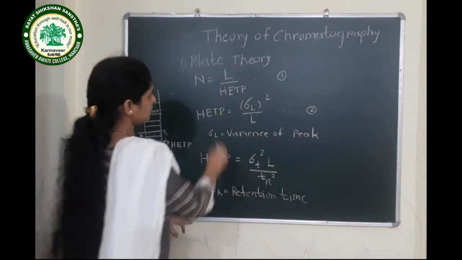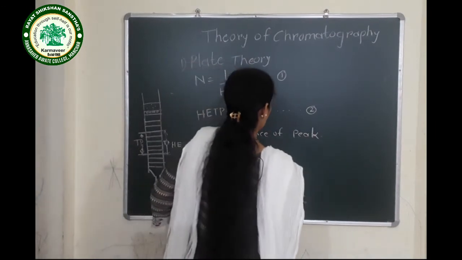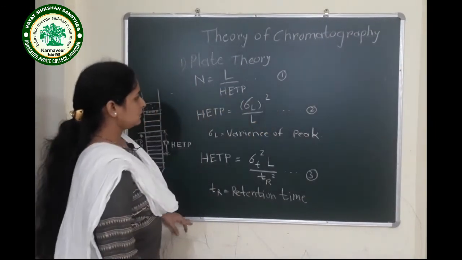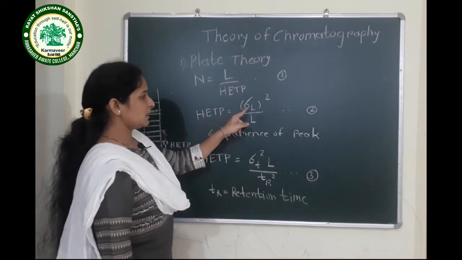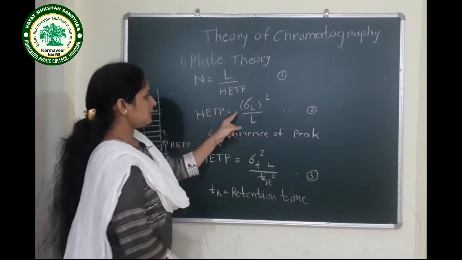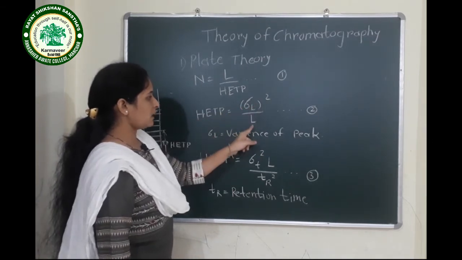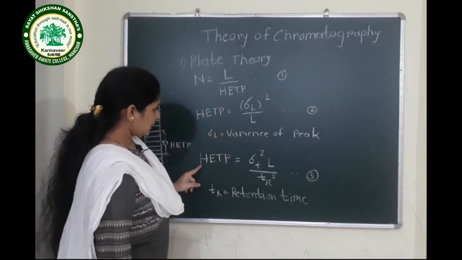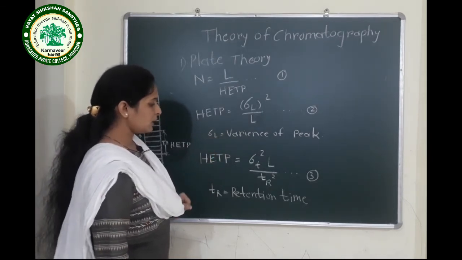Our main equation is N is equal to L upon HTP. Then this HTP is related to the variance of the peak. It is given by equation HTP is equal to sigma L square upon L. What is L? L is the length of the column. Then HTP is also related to the retention time.